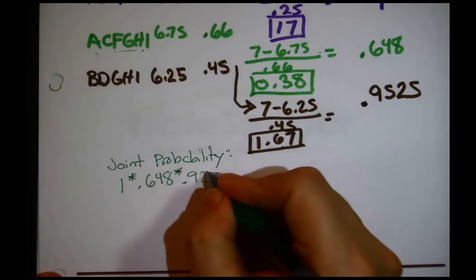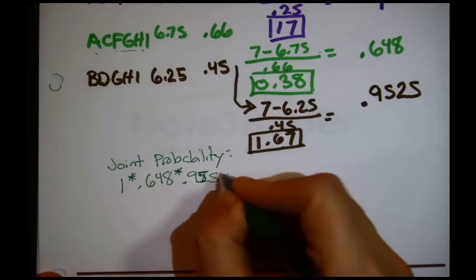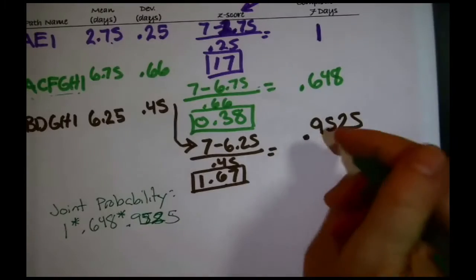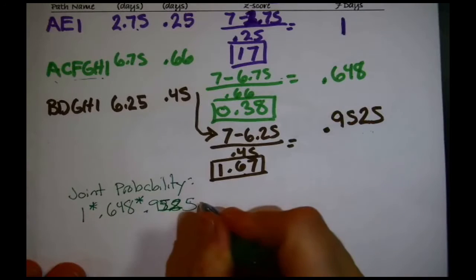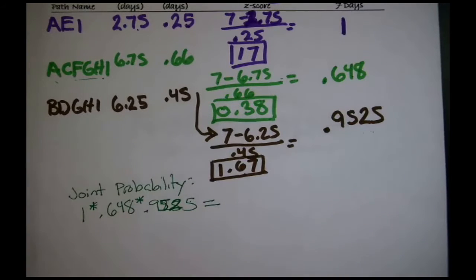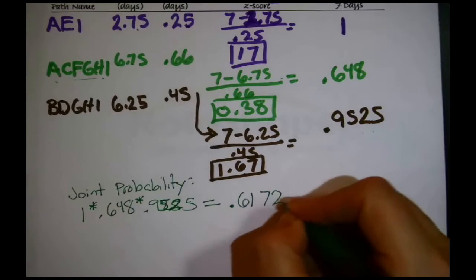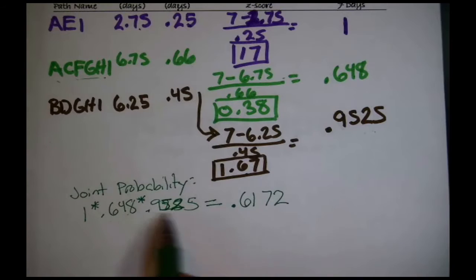I left out a 5, 0.9525, that number right there is what I meant to write. I did that, and I got 0.6172. This times this times this, 0.6172.